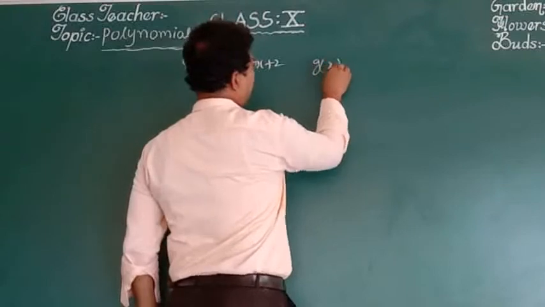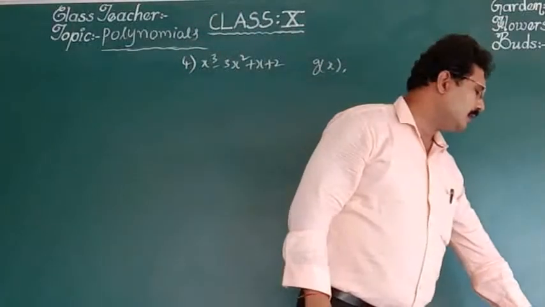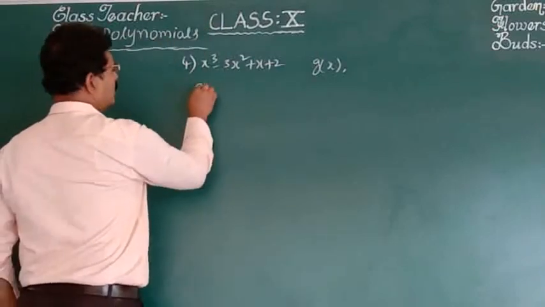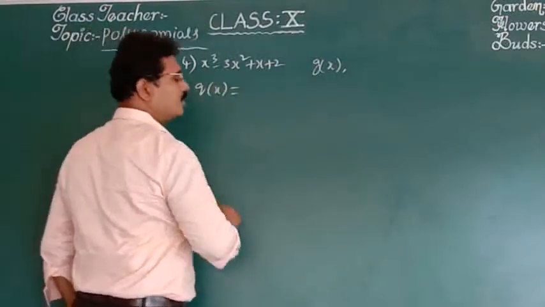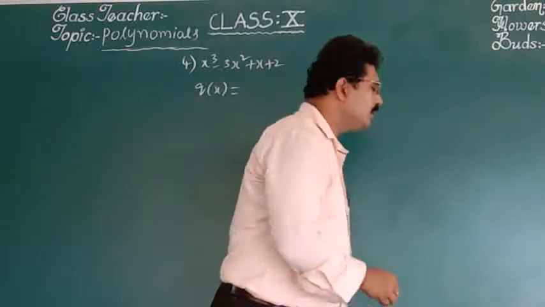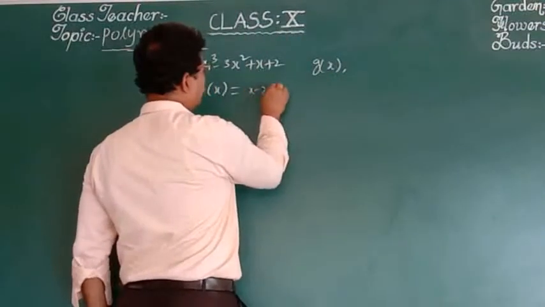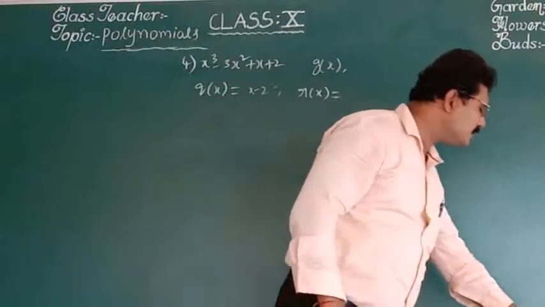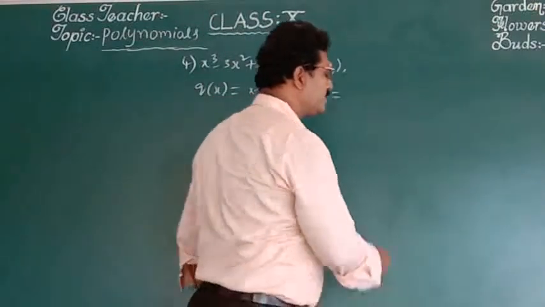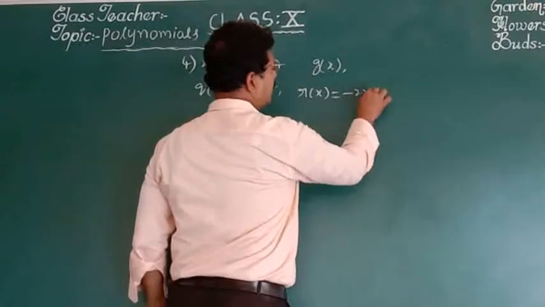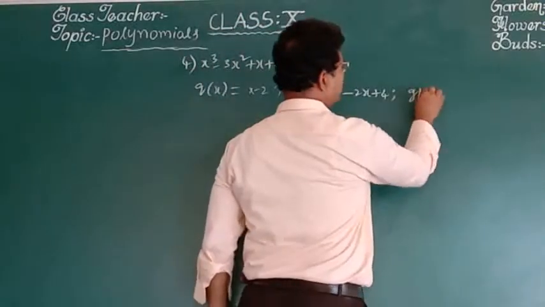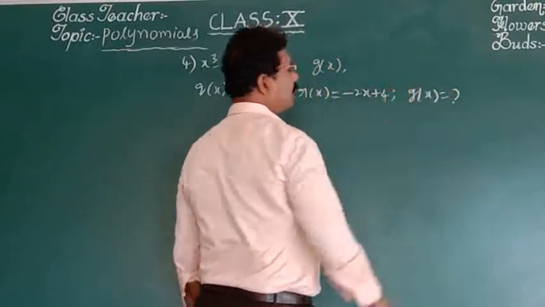The quotient and remainder were given. Quotient q of x is equal to x minus 2, and the remainder r of x is equal to minus 2x plus 4. Now we have to find g of x.